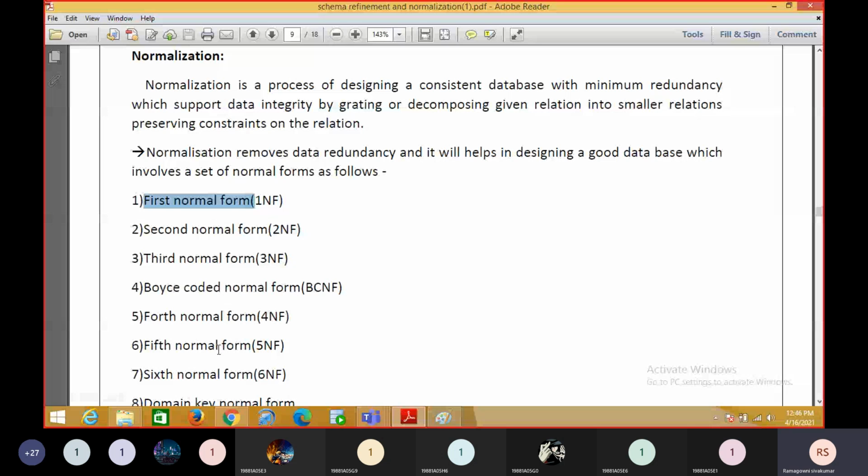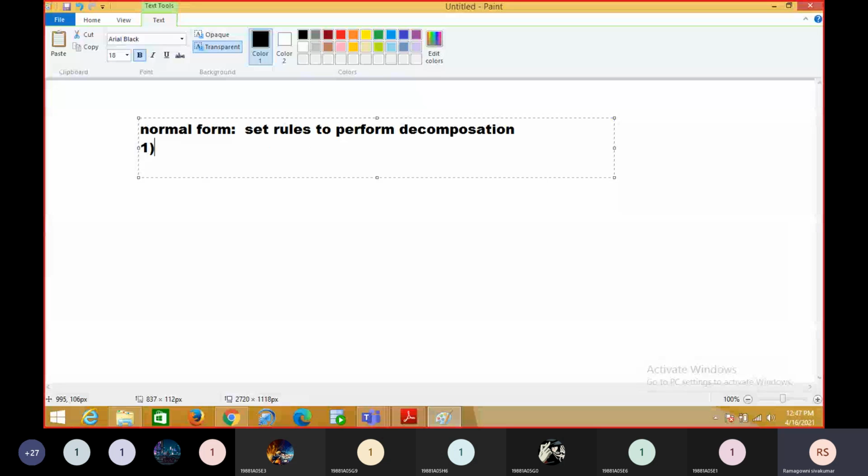Set of rules, by using which we perform decomposition. This is the definition of a normal form. How many normal forms? We have eight only, and today we will discuss first normal form.